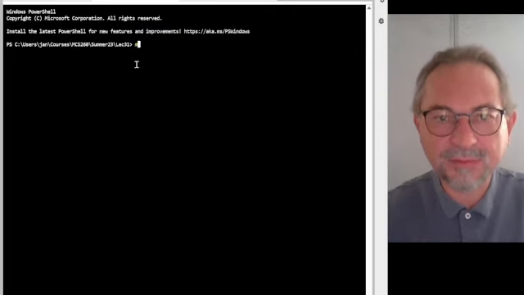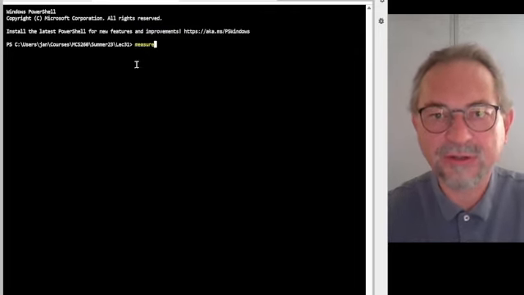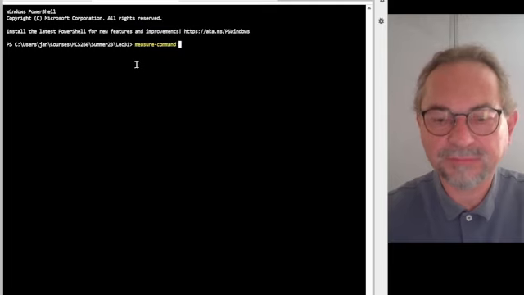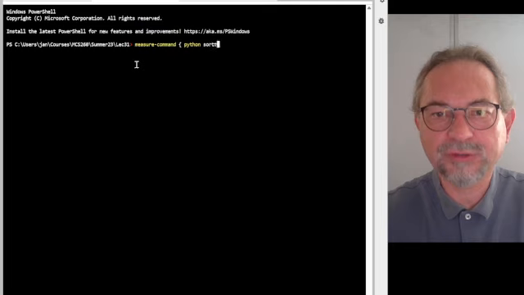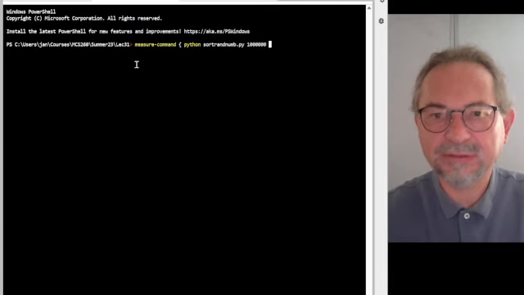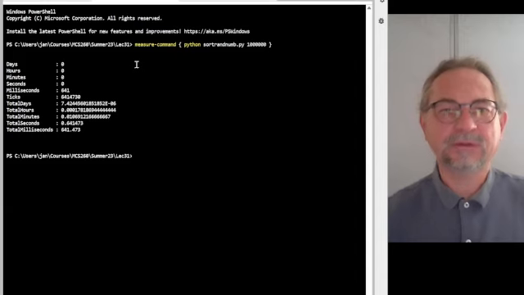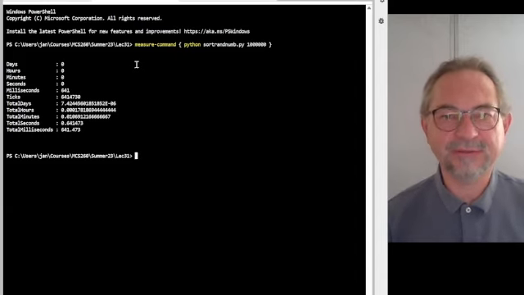So I will type measure command and then the curly braces open, Python sort rand numpy, and then 1 and 6 zeros. So this will sort 1 million random numbers.